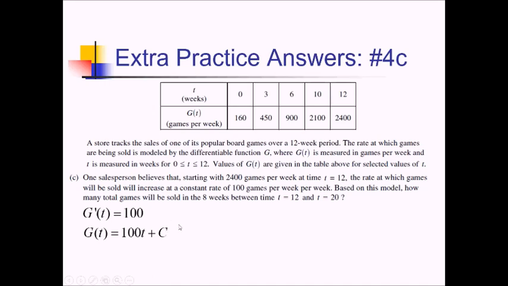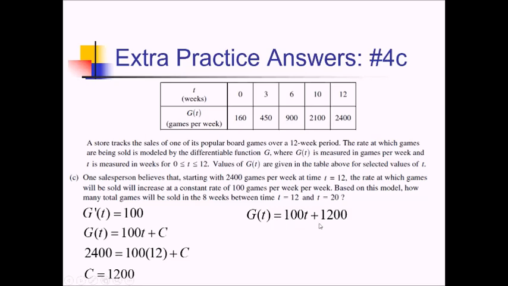At time 12, we have a g of t value of 2,400. So I can write 2,400 equals 100 times 12 plus c. Well, 100 times 12 is 1,200, and 2,400 minus that is also 1,200. So that's our c value. Then I can write g of t equals 100t plus 1200.